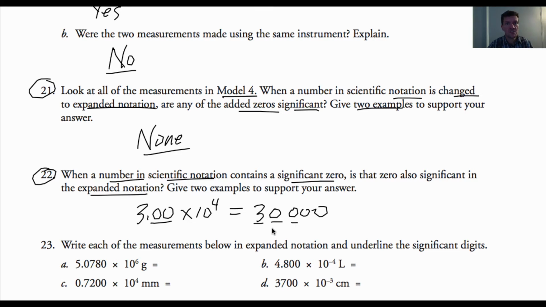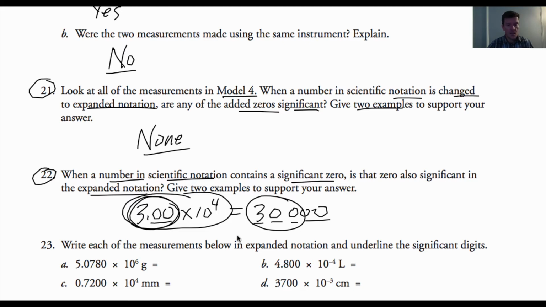It's really misleading when you write it in expanded notation versus scientific notation. In scientific notation, it's obvious that you've got 3 sig figs, but here it's not. These 3 numbers are still significant, it's just hard to tell. These last 2 zeros are not, they're just placeholders.